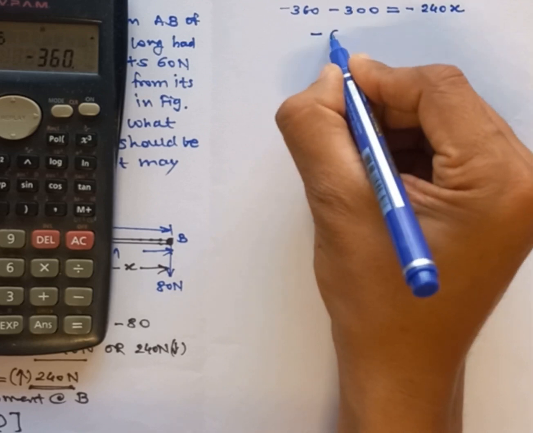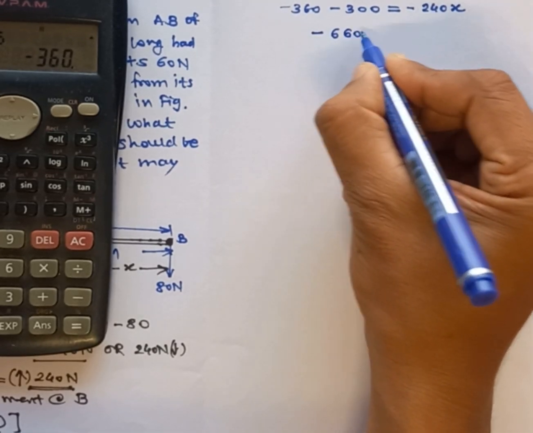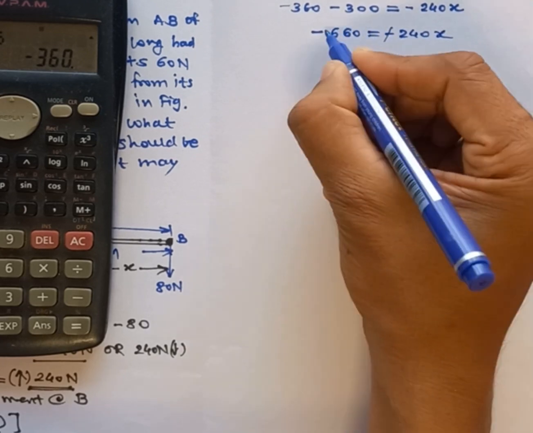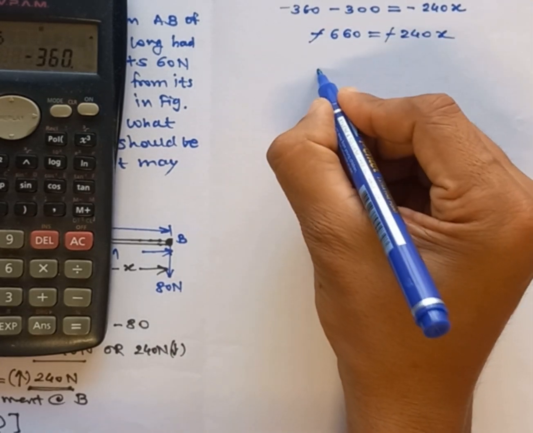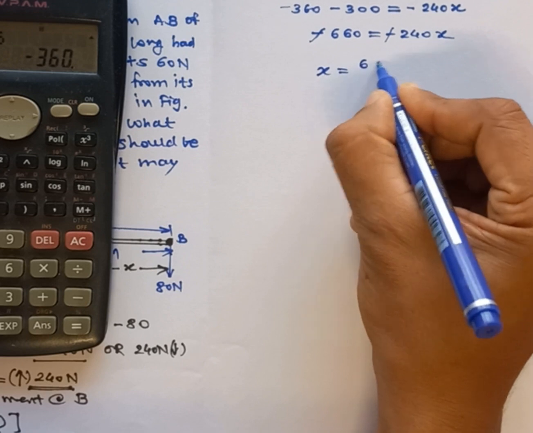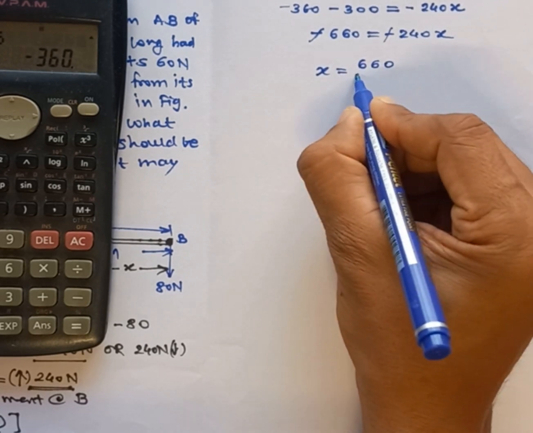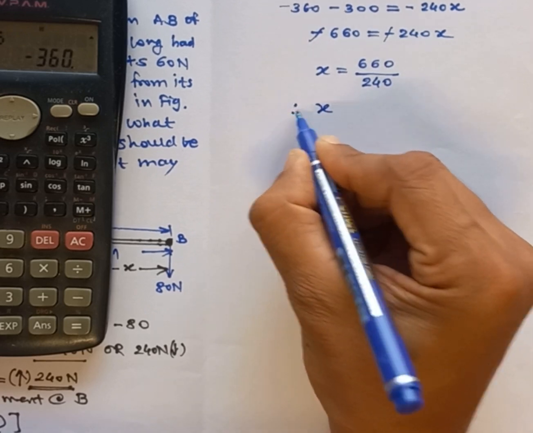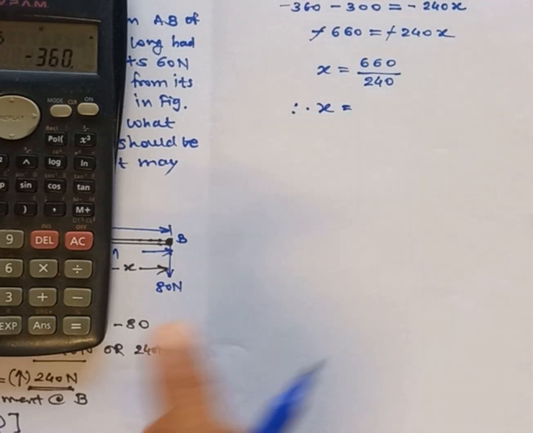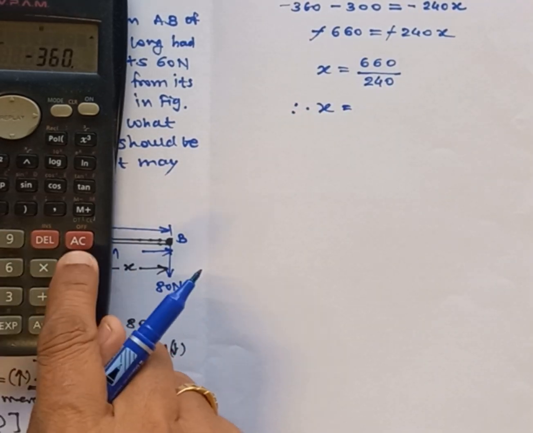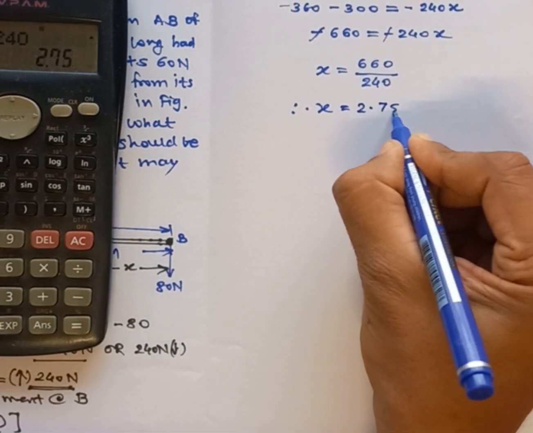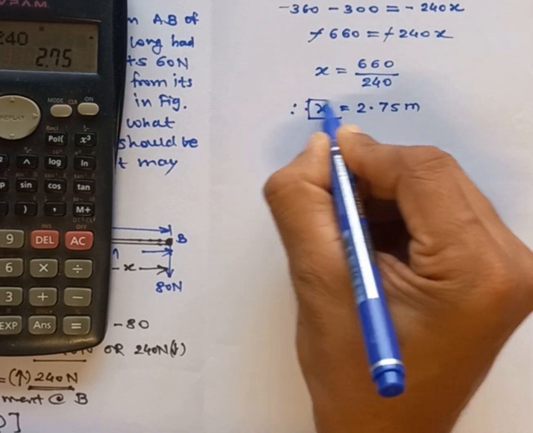So it is minus 660 equals minus 240x. This will get cancelled. So x is equal to 660 divided by 240. Hence x equals 660 divided by 240, that is 2.75 meter, right?